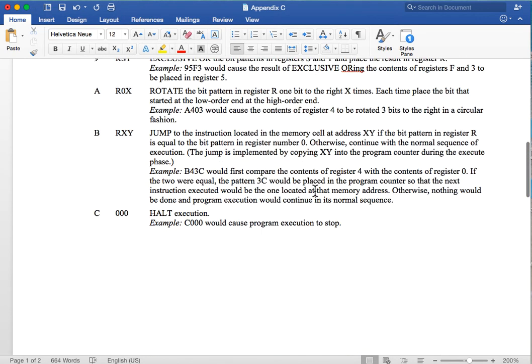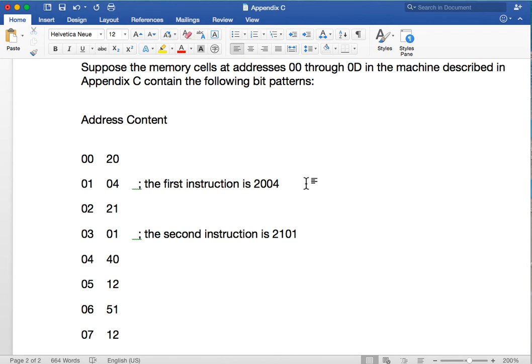So in this case, this means you load value 04 into register 0, right? Then for this one, 2101 means load value 01 into register 1, right?